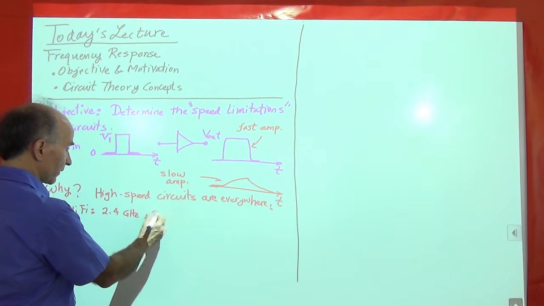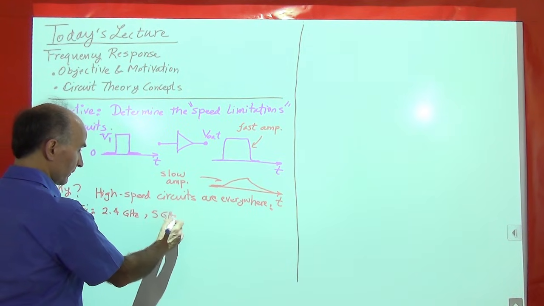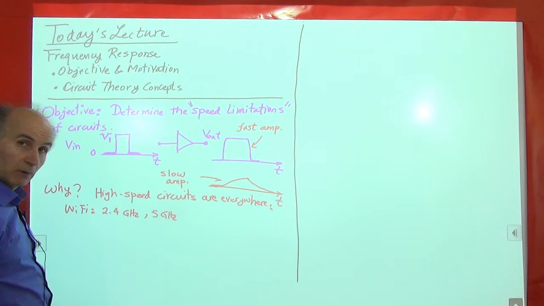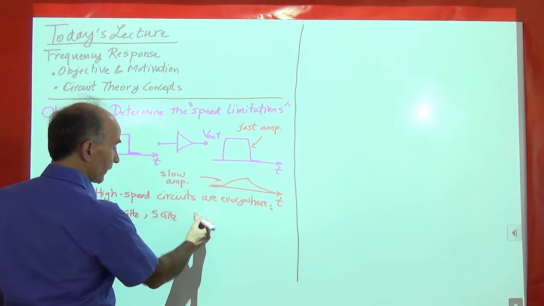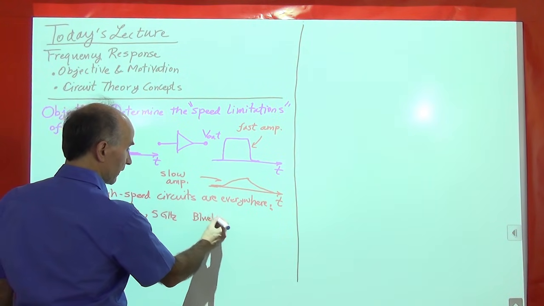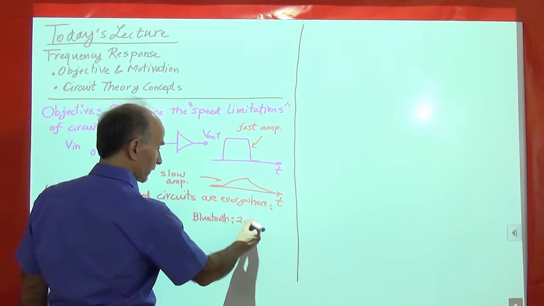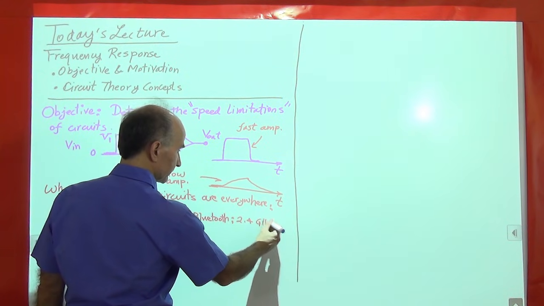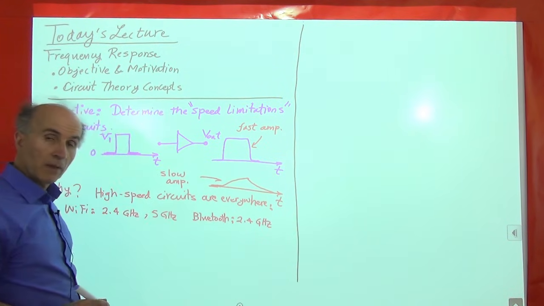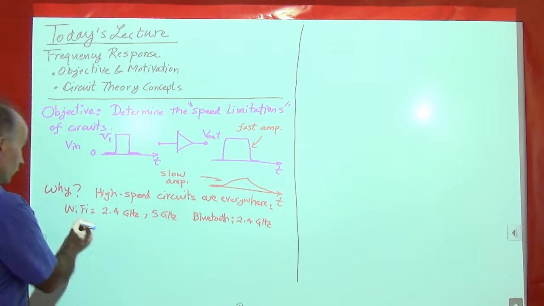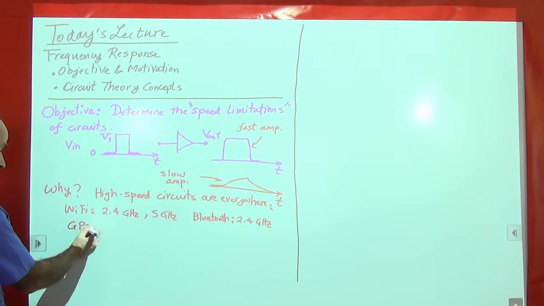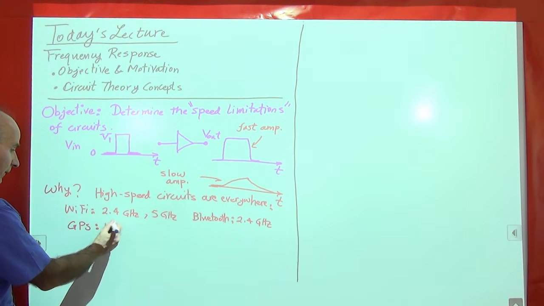Also at 5 gigahertz. Then we have Bluetooth. Bluetooth operates around 2.4 gigahertz also. Then we have GPS. GPS operates around 1.5 gigahertz.